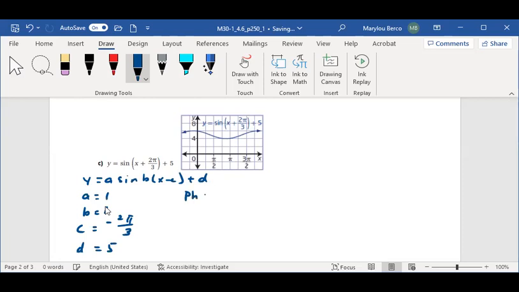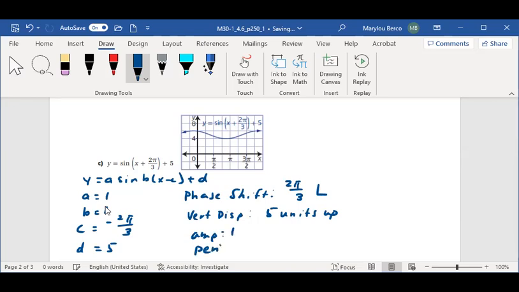So the phase shift is 2 pi over 3 units left, and the vertical displacement is 5 units up. Okay, to sketch, the amplitude is 1, the period is 2 pi over b, or 2 pi over 1, and there is no vertical or horizontal stretch.